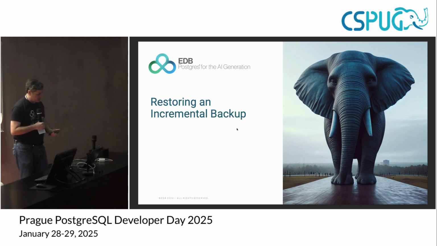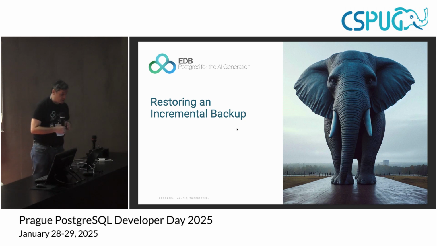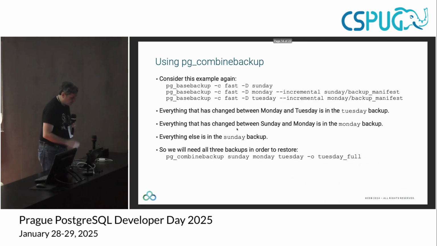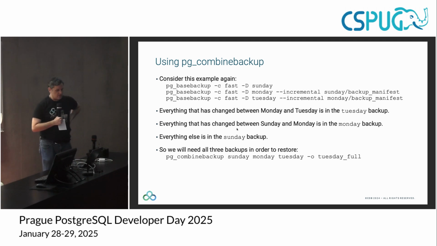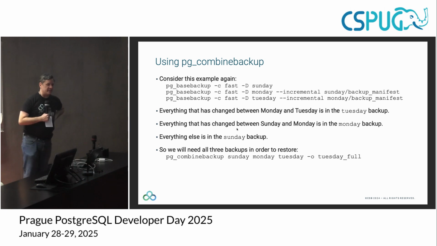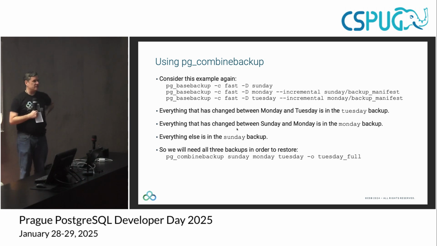So now let's look at how we restore an incremental backup. We'll go back to the example that we were using before, 3 backups, a full followed by 2 incrementals, the second incremental depending on the first one. Now let's think about what the state is on disk after creating these 3 backups.